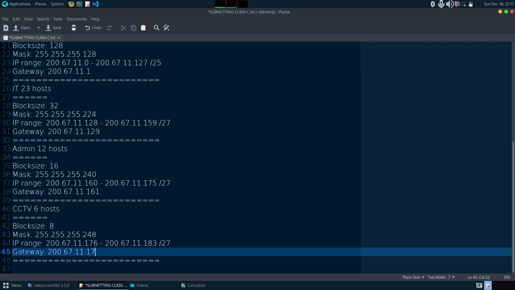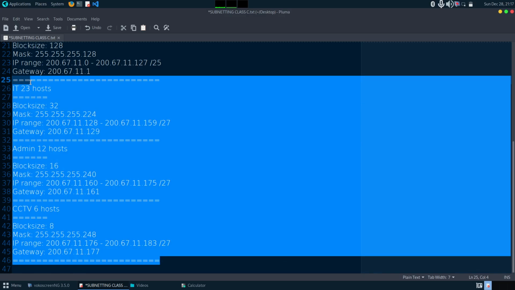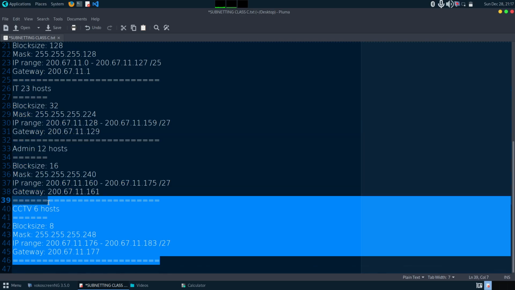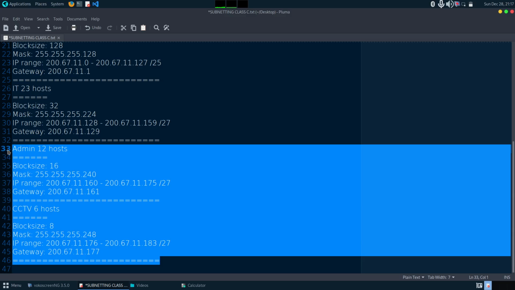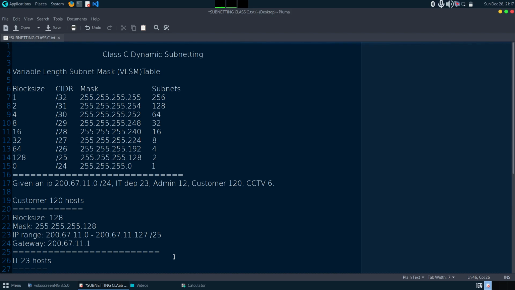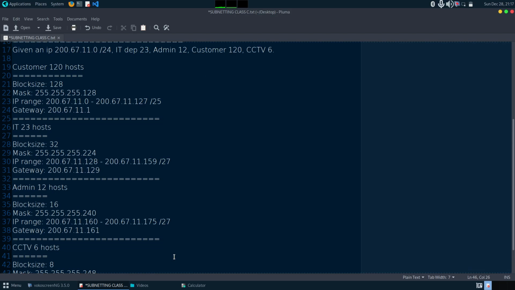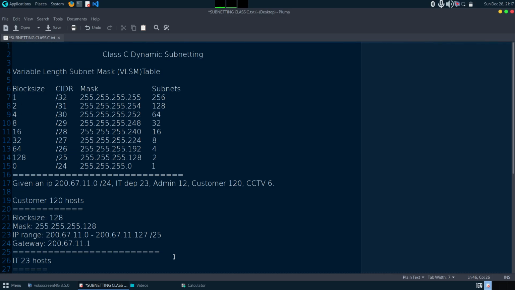Great. Then we are done subnetting. I hope we have gotten the same results. Having done that, now we can try to create a topology that will continue.